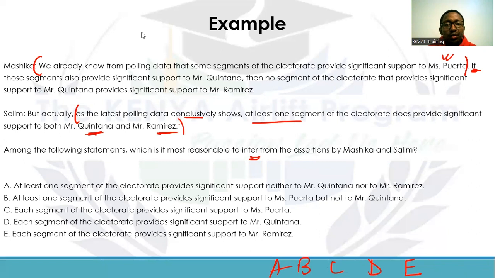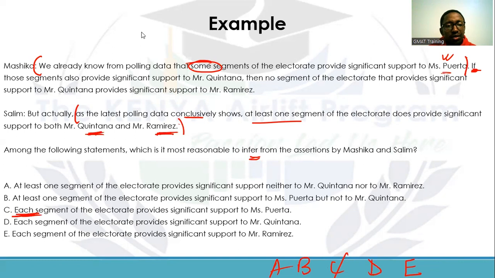So looking at C, D, and E, so C, each segment of the electorate provides significant support to Mrs. Puerta. We know it's just some, so we can eliminate C.